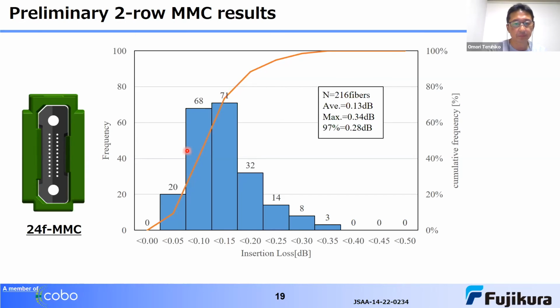So we are developing this connector, and this result shows an average insertion loss of 0.13 decibel, maximum 0.34 decibel, and the 97% value is 0.28 decibel. Slightly worse than IEC grade B performance, but we will complete the development of the 24 fiber MMC connector in the future.